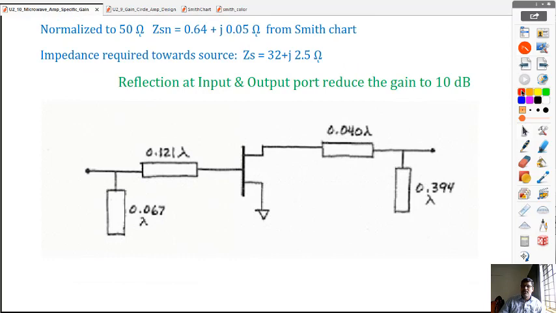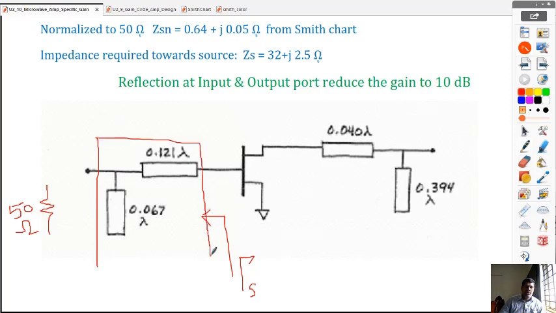Now, the next step is we have to transform. This is the gamma S. Actually, we have 50 ohm as a source characteristic resistance, so we have to transform the 50 ohm into gamma S by introducing an input matching network. This is the input matching network.